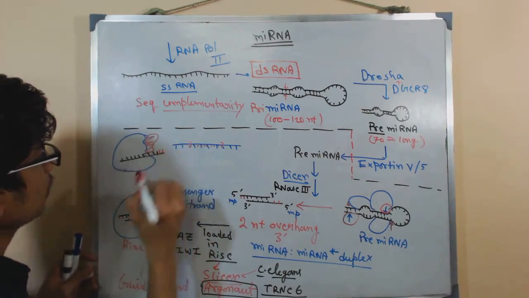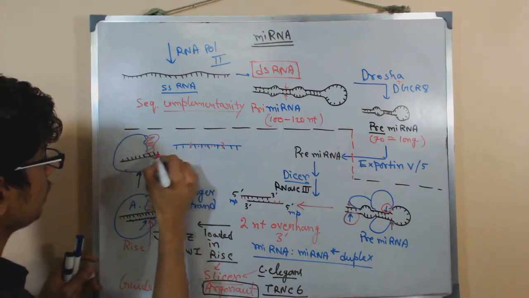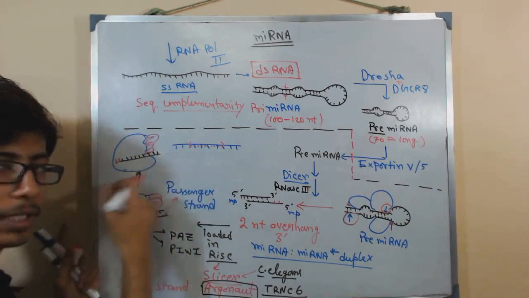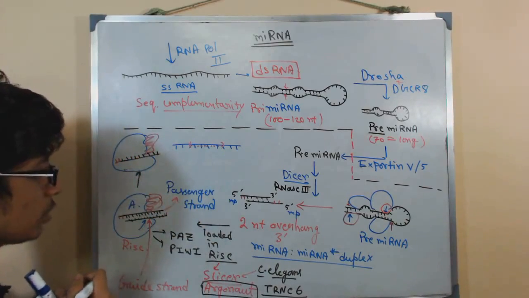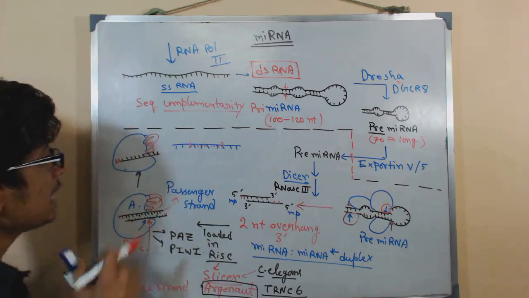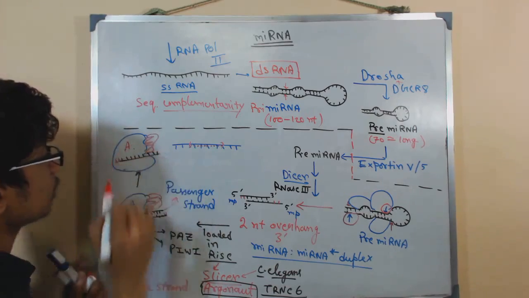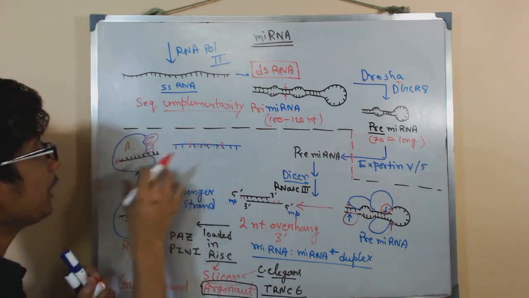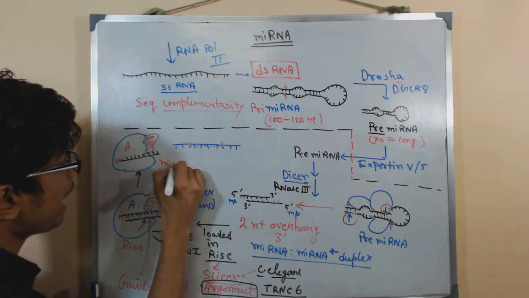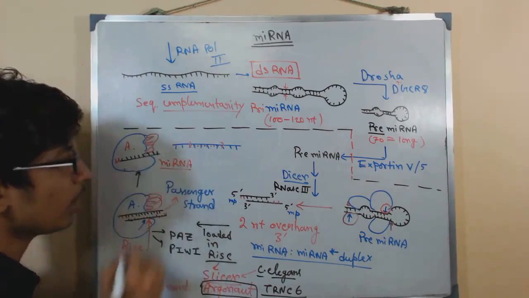Actually I drew it wrong here; it is attached on the inner side, the overhang is actually present on the inner side. So this is the scenario that we have. Now in this case, this argonaute will bring this miRNA complex, which is now the actual active miRNA complex.